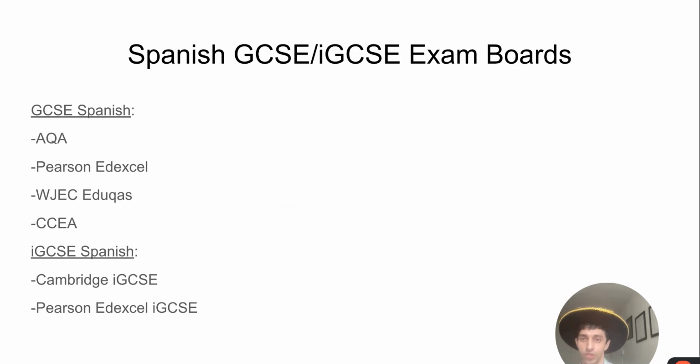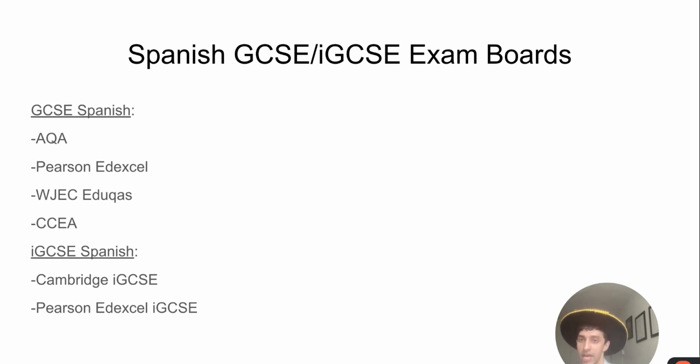Now, these are the Spanish GCSE and iGCSE exam boards. This is as of August 2025. There are slight differences from exam board to exam board, so I do recommend being aware of which exam board you are following, and your teachers should be able to help you with that information.